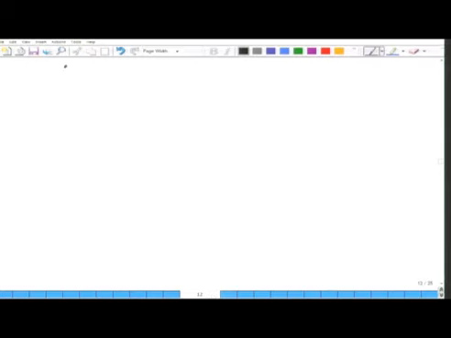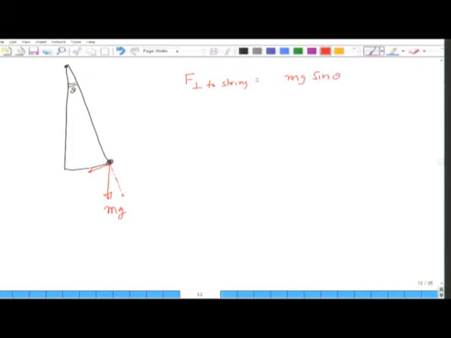Okay, so here is the pendulum. It has been displaced by an angle theta. Here is weight mg. It has a component parallel to the string and the other component perpendicular to the string, and f perpendicular to string is mg sine of theta.